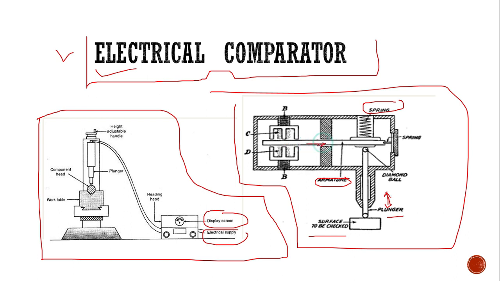This plunger touches this armature rod, and the armature rod is kept at this position with the help of this plunger and this spring. Okay, and there are basically two magnets, magnet C and magnet D.